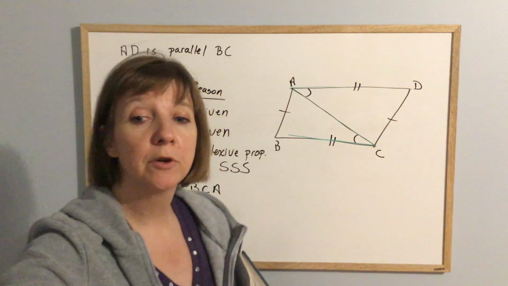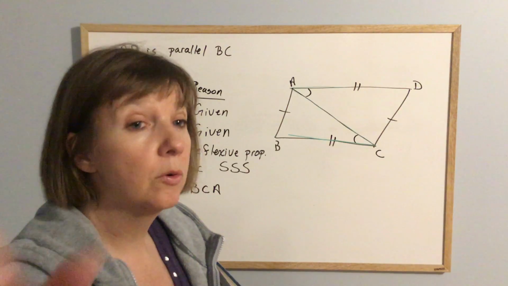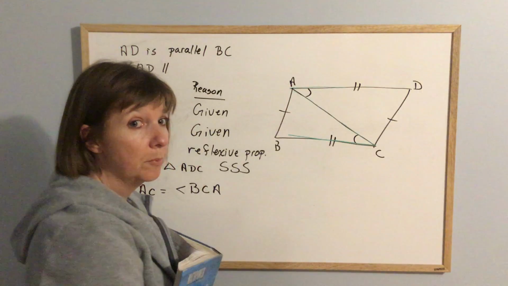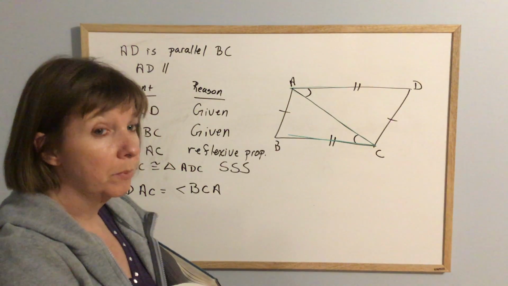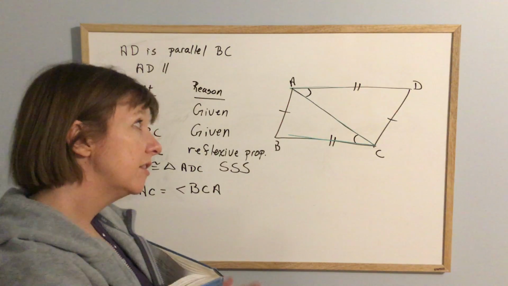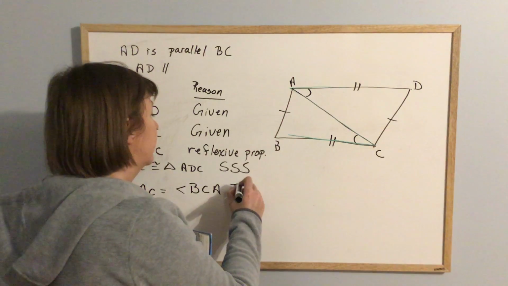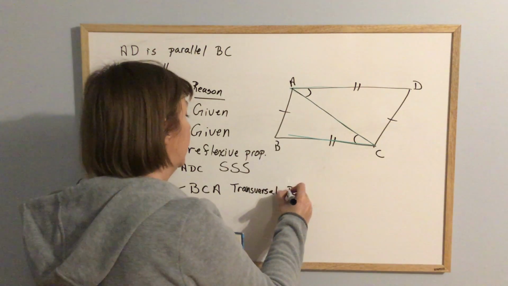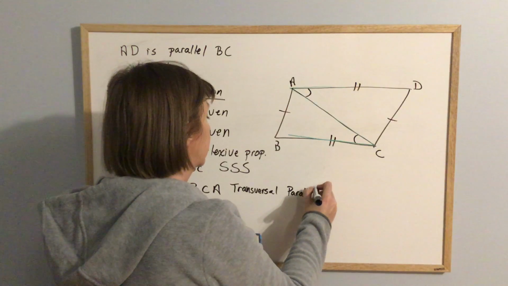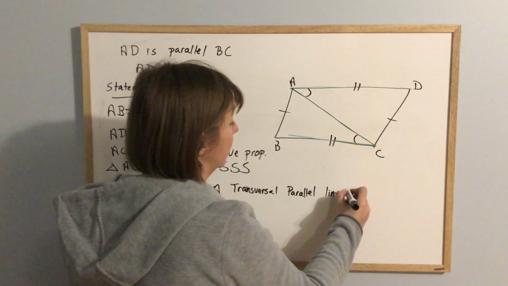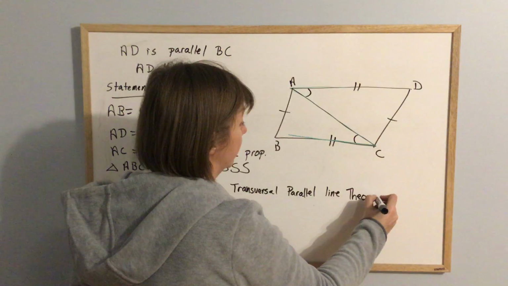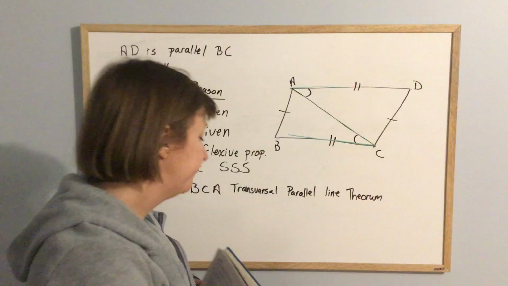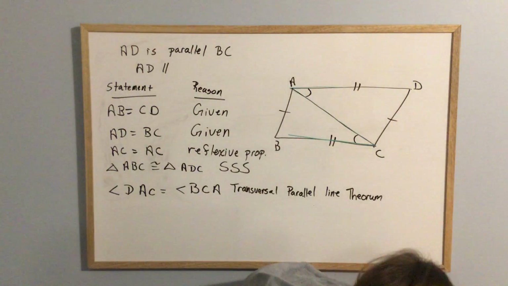Well, you can kind of reverse that and say if the 2 alternate angles are equal, then you know that those 2 lines are parallel. It's the transversal parallel line theorem. It's the Z rule. So we'll call this the transversal parallel line theorem. Now you may not have thought of that on your own, that's why I'm here, okay? But that's how you would go about doing that.